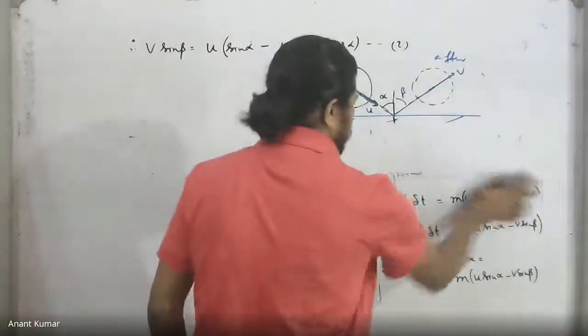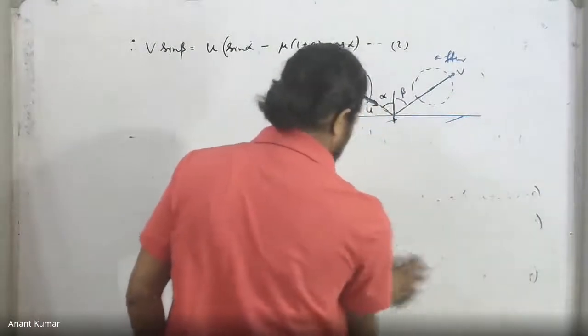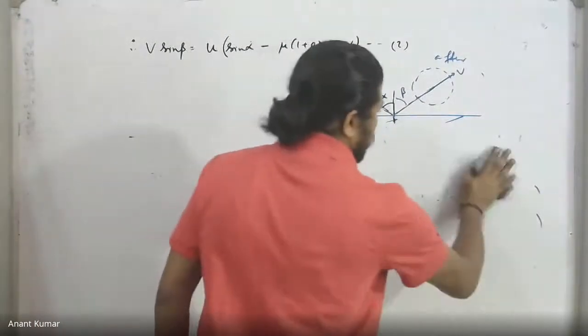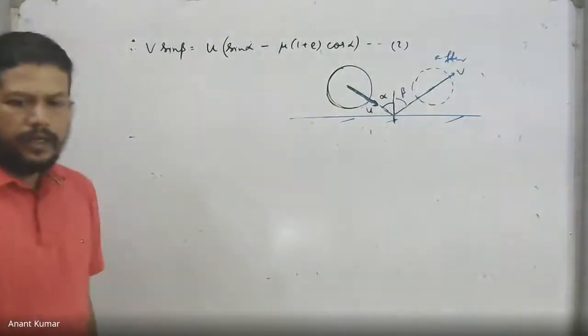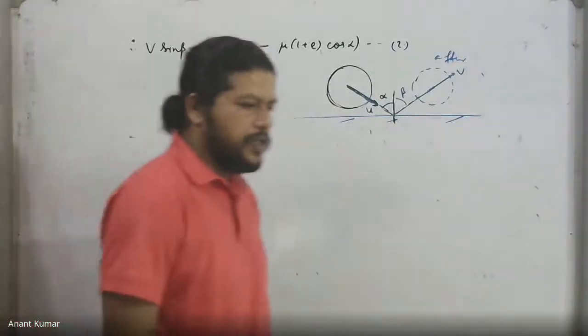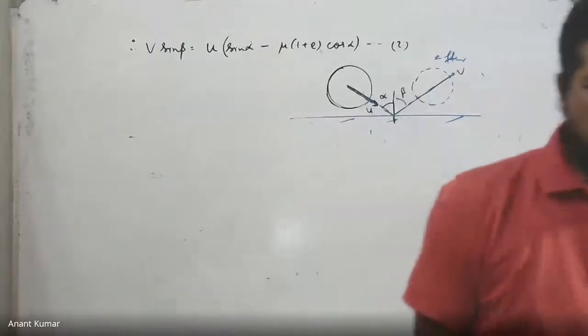One is the line that joins the centers and the other is perpendicular to that. In the case of the line joining centers, the analysis goes exactly like the head-on case.